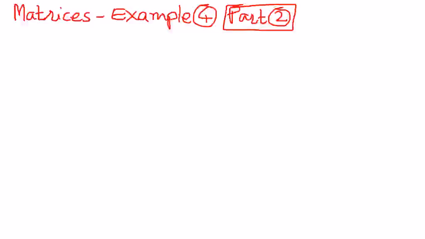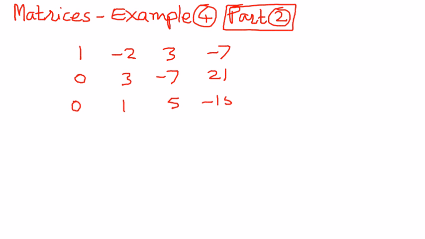Let me write that matrix down. 1, -2, 3, -7, 0, 3, -7, 21, and then 0, 1, 5, and -15. So this is where we left it, and then we will continue from this point on.